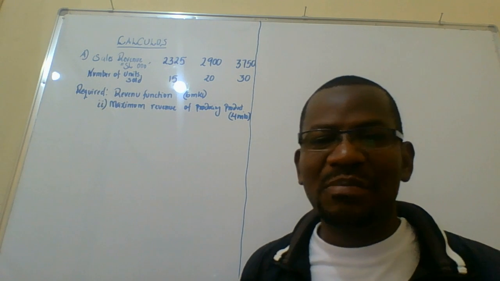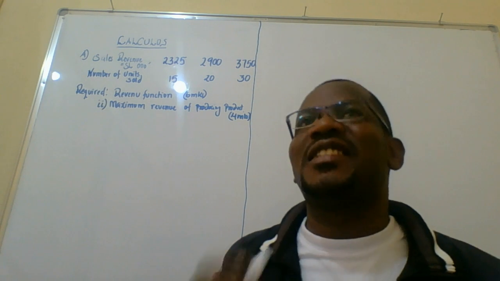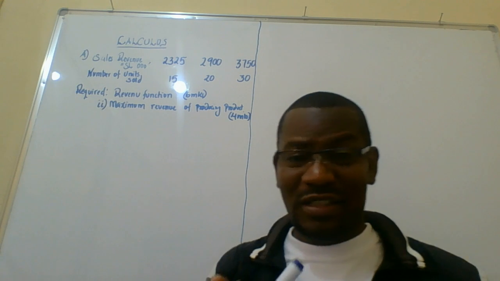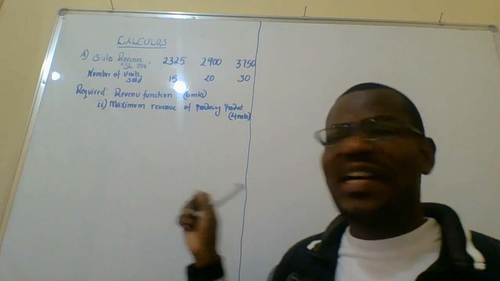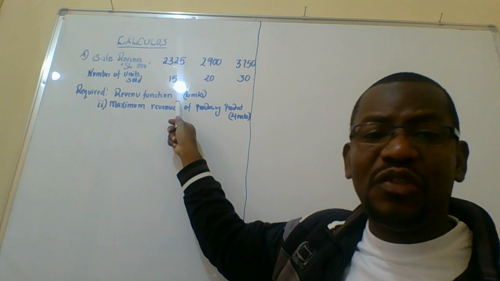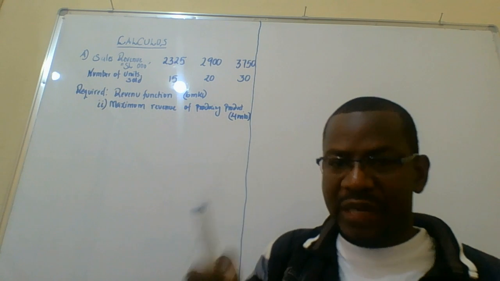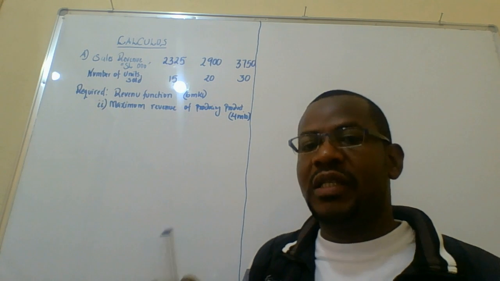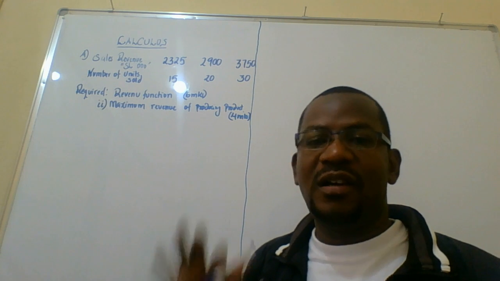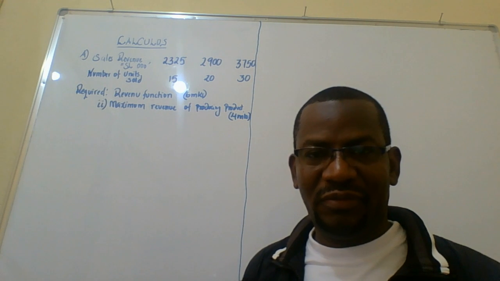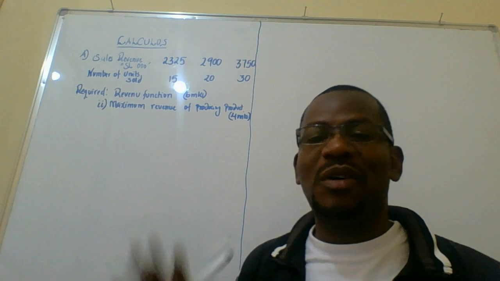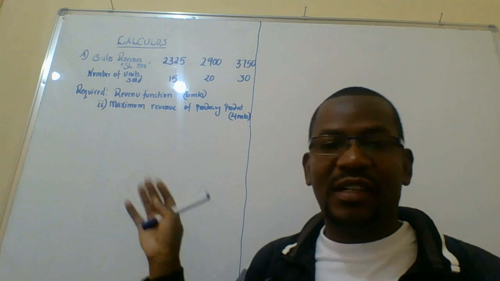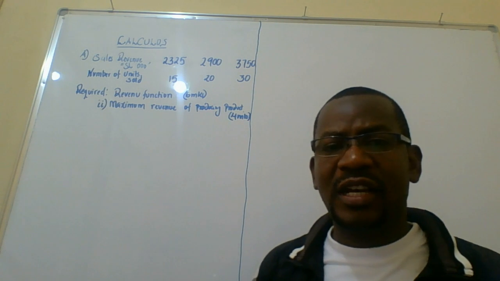But there's one ingredient that is missing: we can calculate the revenue function based on a quadratic equation. Or he can just tell you it's of a quadratic nature. The revenue function is of quadratic nature.